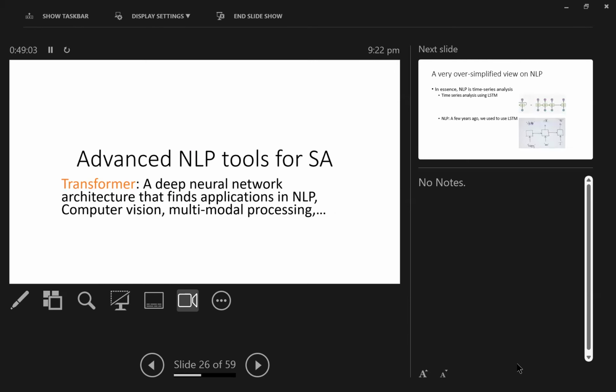Now let us move on from older techniques to the latest technique. Everything here that we are targeting or need is the capability to understand natural language. And this is not easy.